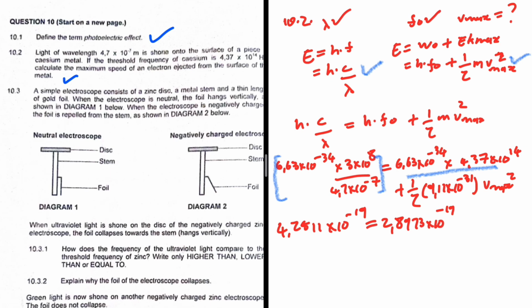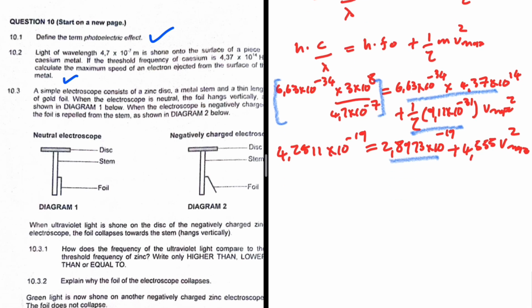And then we have a half multiplied by the mass of an electron. So it is just 9.11 divided by 2. So we get plus 4.555 v max squared. So let's take these to the left hand side.